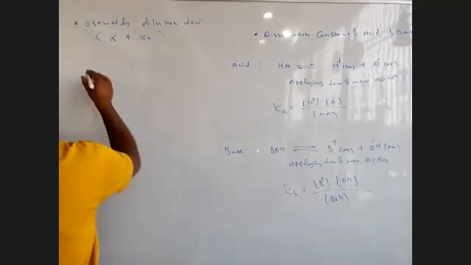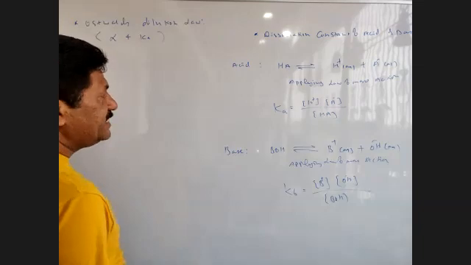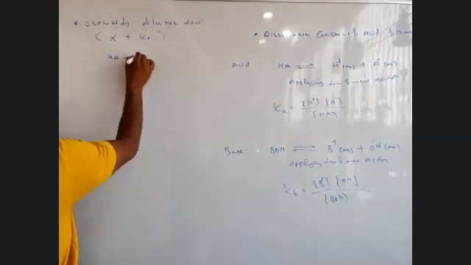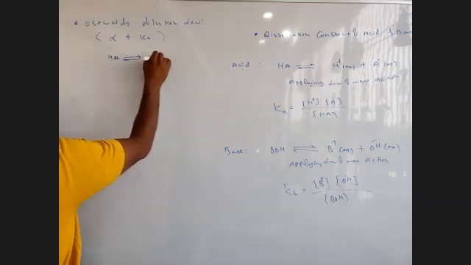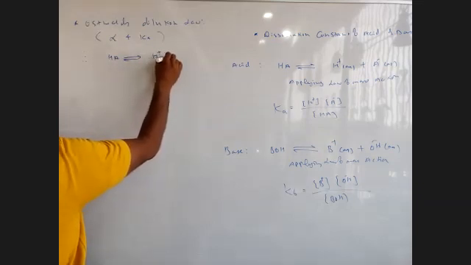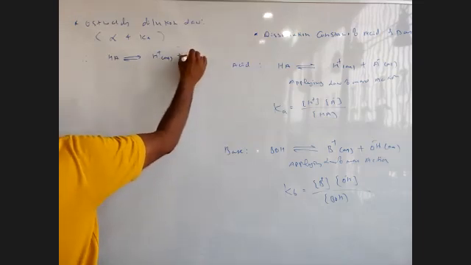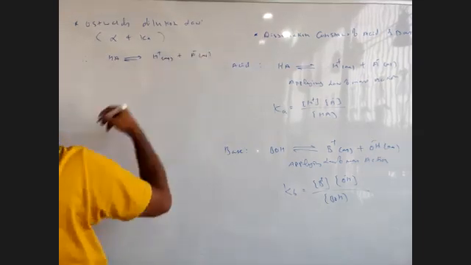Now, acid is generally represented as HA. We know very well that HA dissociates to produce the concentration of H plus aqueous plus the concentration of A minus aqueous.